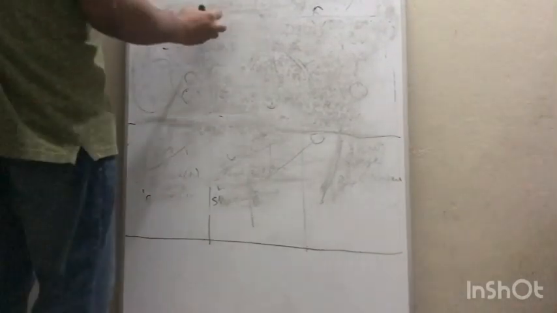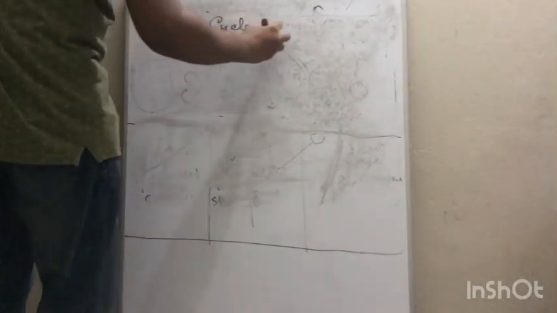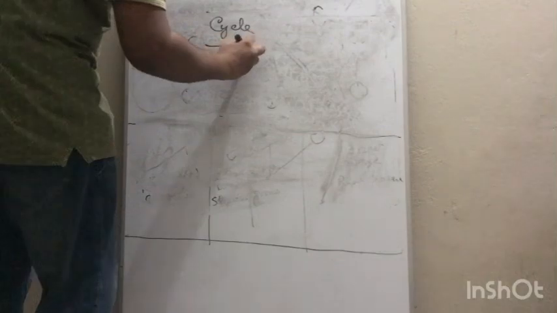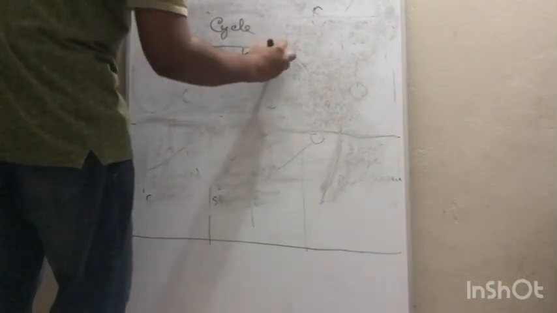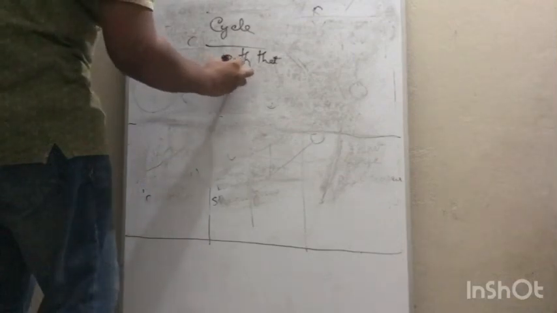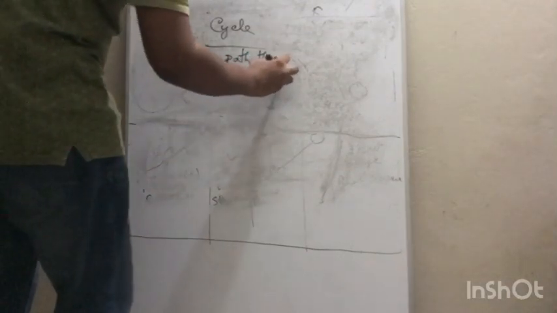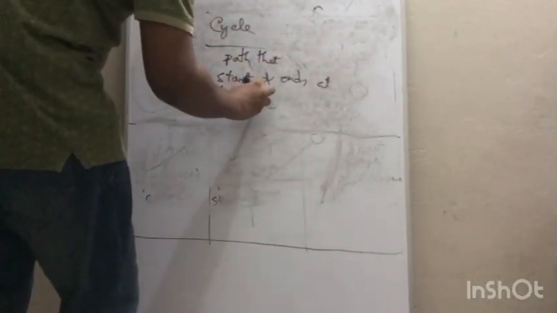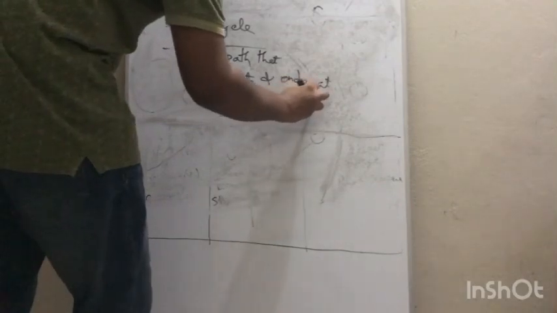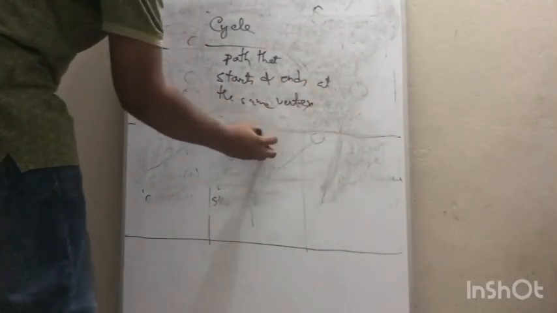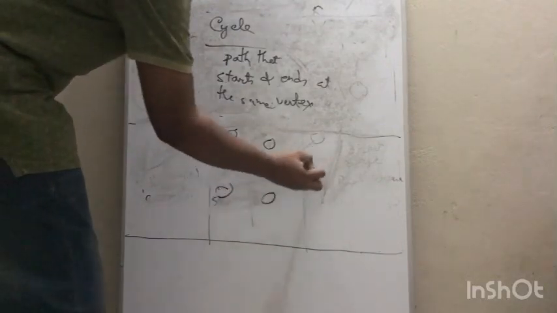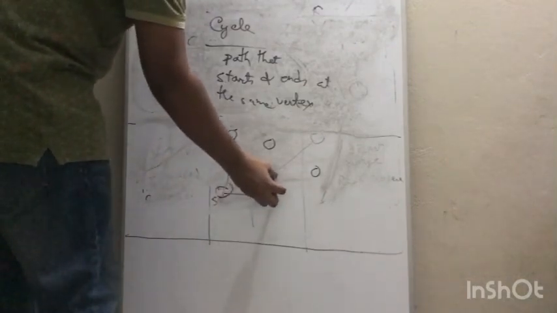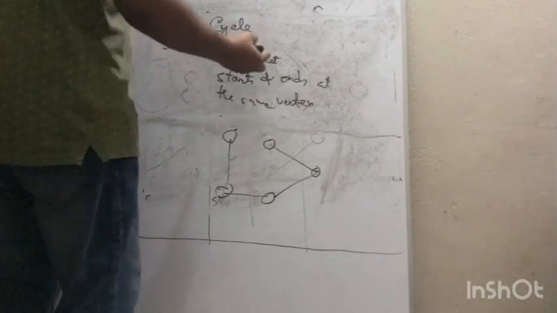Cycle. A cycle is a path that starts and ends at the same vertex, like A, B, C, D, E. We go A, then B, then C, then D. Till now, this is a path.